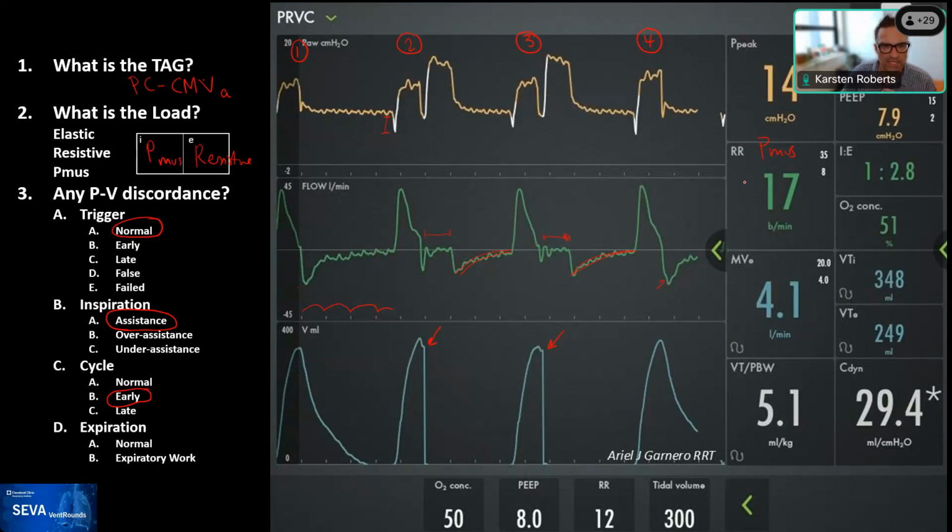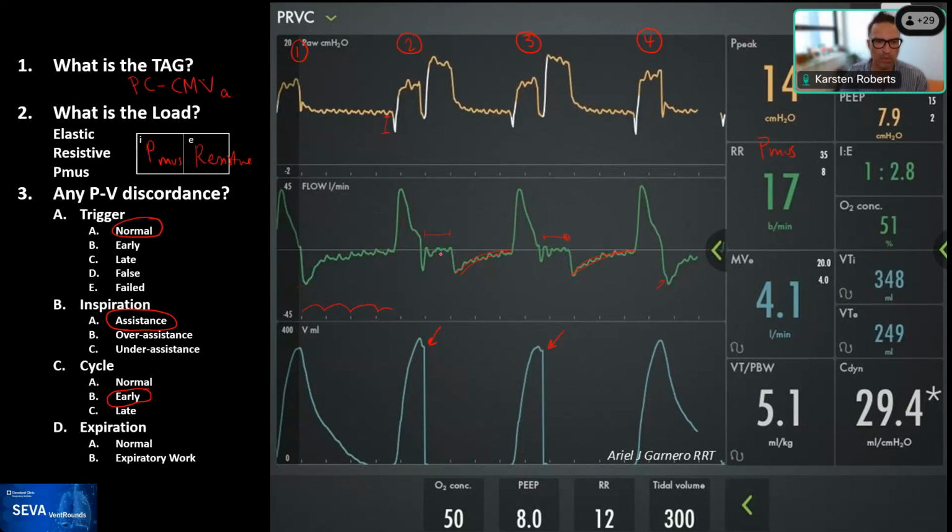So we see the zero flow state, and typically we only see that if we do an inspiratory breath hold on the ventilator while we sit at the bedside trying to get a plateau pressure.